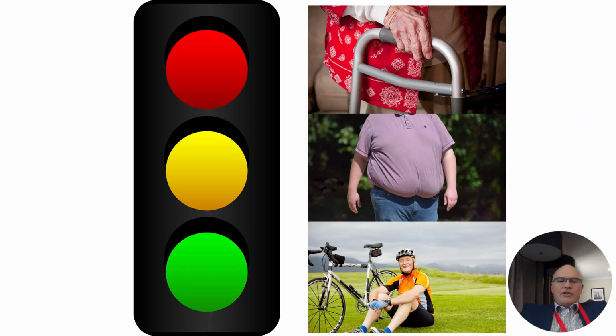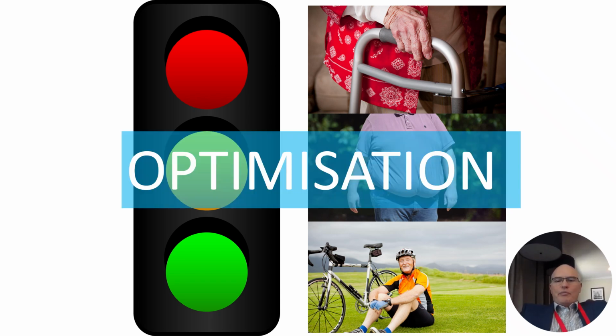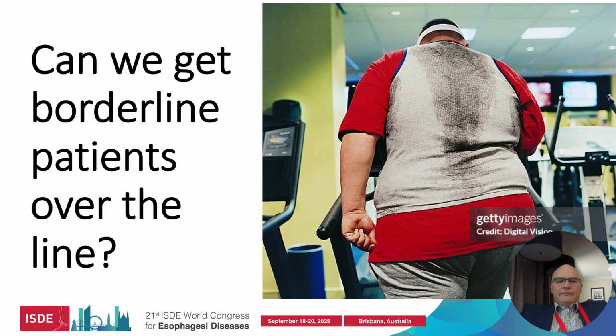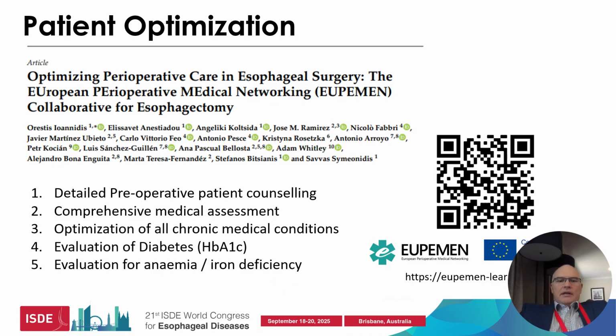So what we'd like to do is categorize our patients into a traffic-light-like system. Are they a no-go? Are they completely green? Or are they borderline, and can they be optimized? And the key is, can we get borderline patients over the line? Patient optimization.